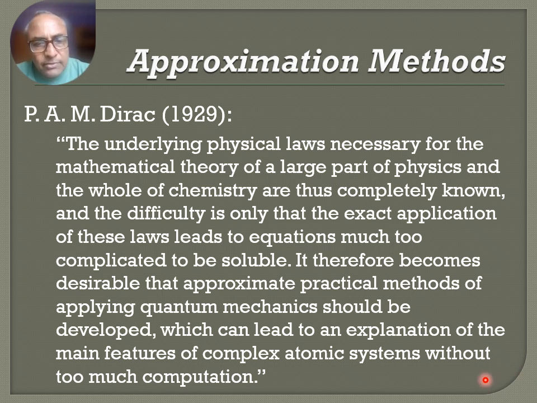There are two broad classes of approximation methods that are commonly used in quantum physics and quantum chemistry, and these are the variation method and the perturbation method. Now, both of these are derived from classical mechanics.